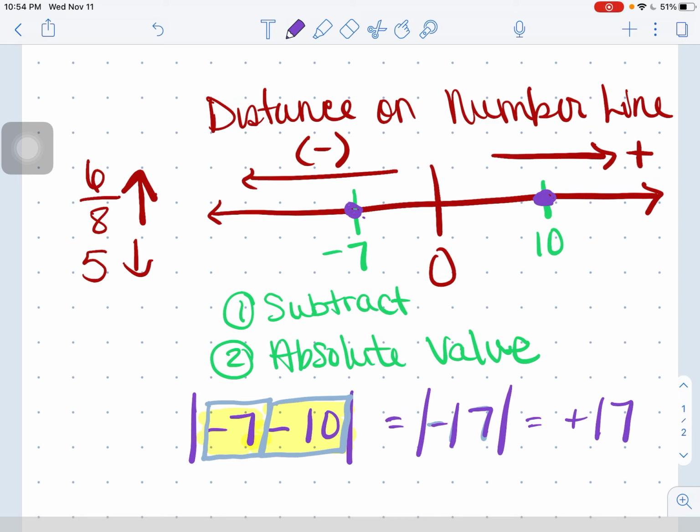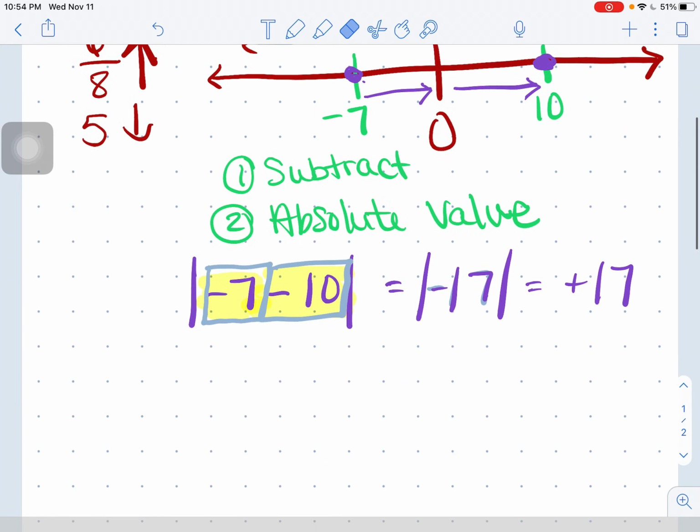And if we think about it, it's 7 to get to 0 and another 10. There are, in fact, 17 places between those 2 numbers. So that's the first example. And a lot of you missed this in class, but the order does not matter. So let's say that I decided to start with 10 and I wanted to subtract my negative 7.